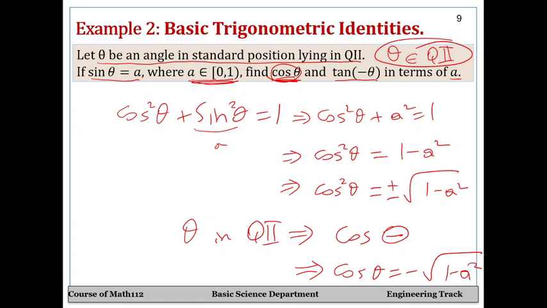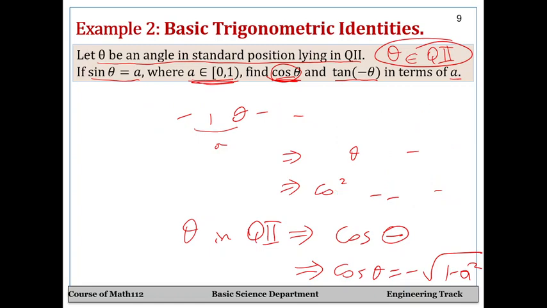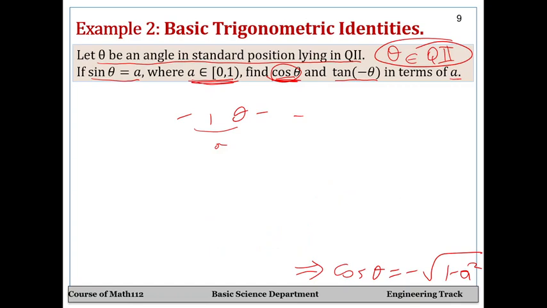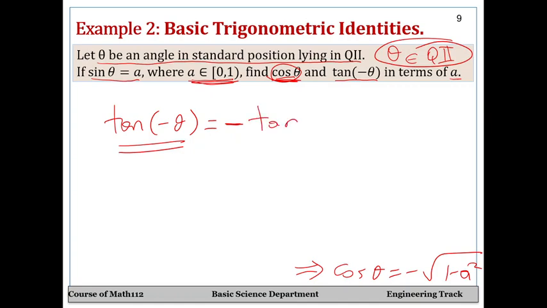After we find cosine theta, which is minus the square root of 1 minus A squared, how do we find tangent of minus theta? By using the odd function property, the negative angle identity, we can take the negative out.